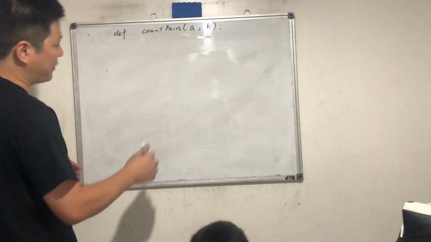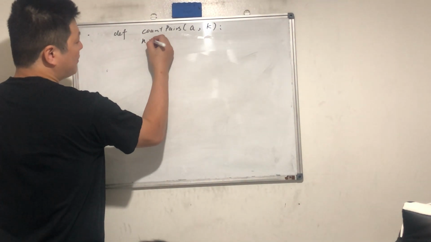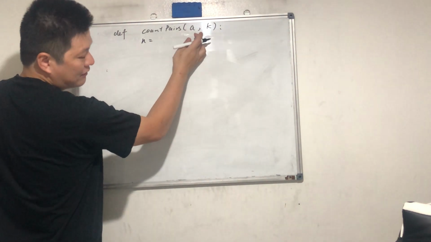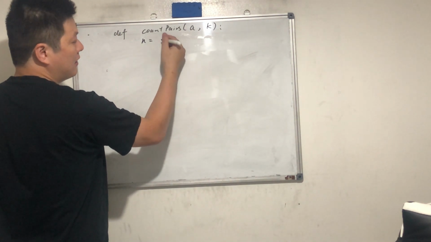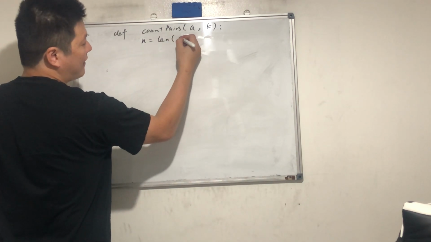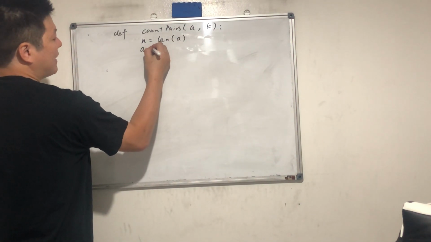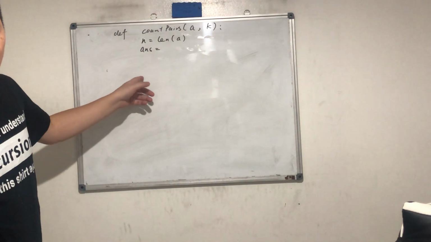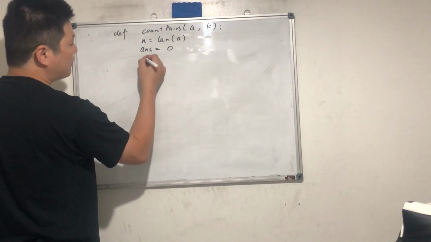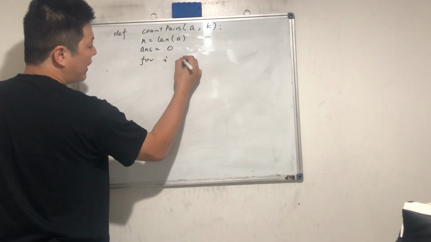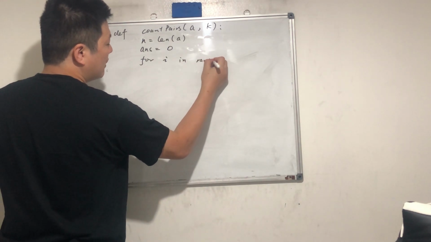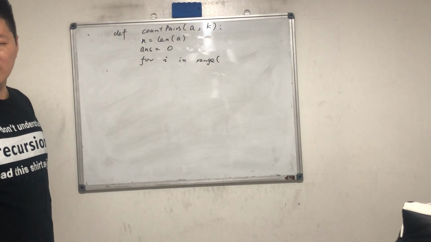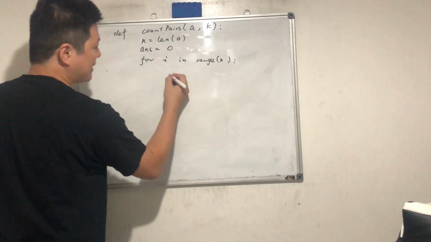So how do we get the length? N equals the length of the array A. And then we have the answer equal to 0 at the beginning. And then we do for i in range N.